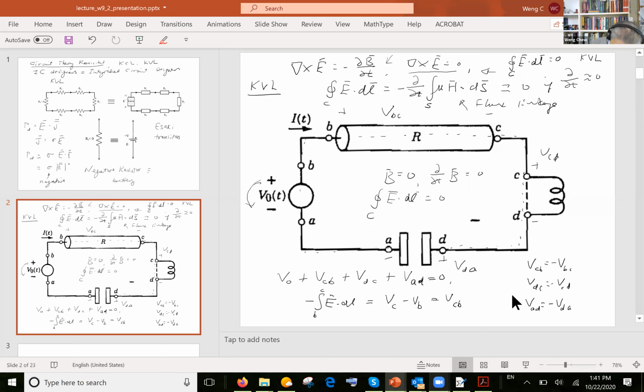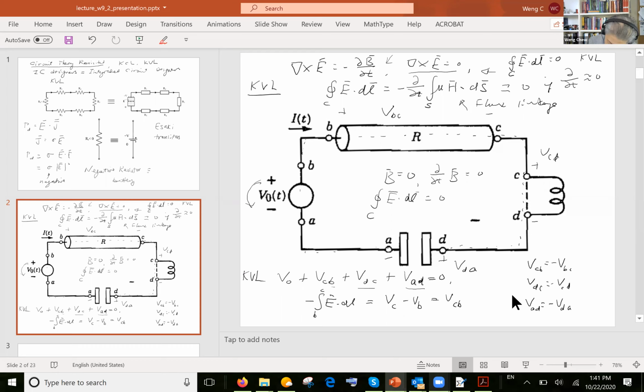So if you integrate this around the loop, the first integration will give you VCB, the second integration gives you VDC, and the last integration will give you this. But I'm defining the voltage drop to be positive in this manner. And if you work out things correctly, you will have this to be your Kirchhoff voltage law. Okay, so this is KVL.